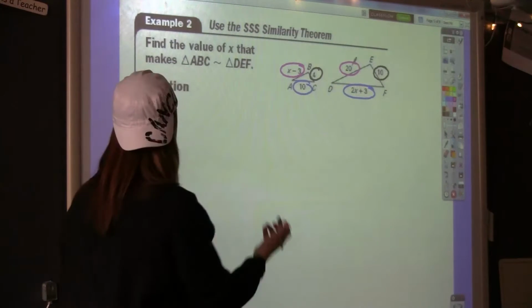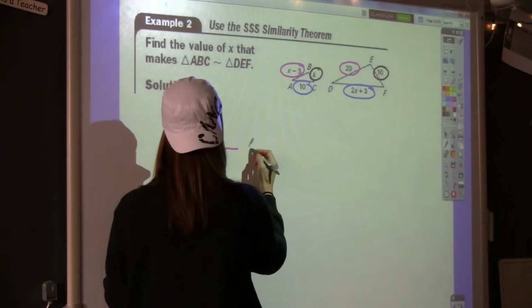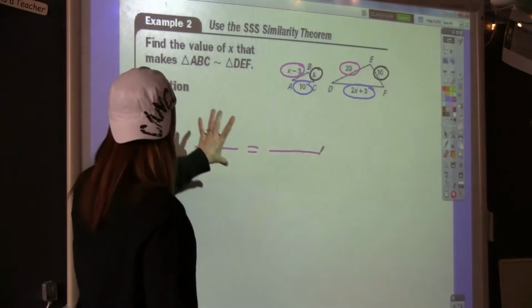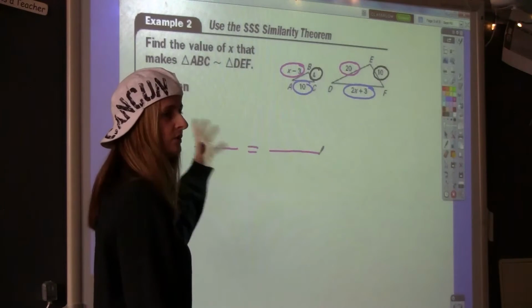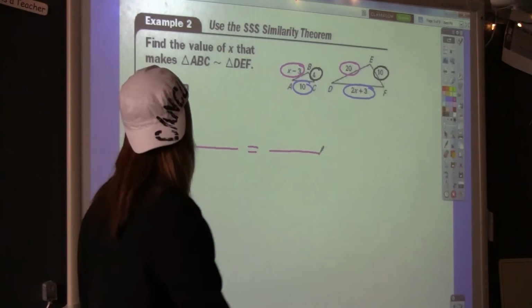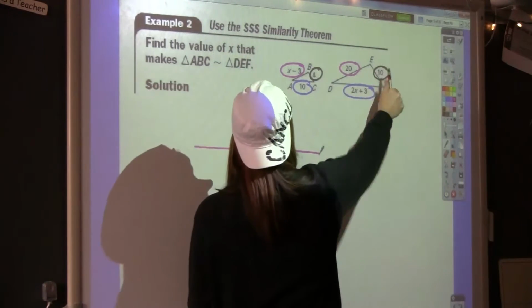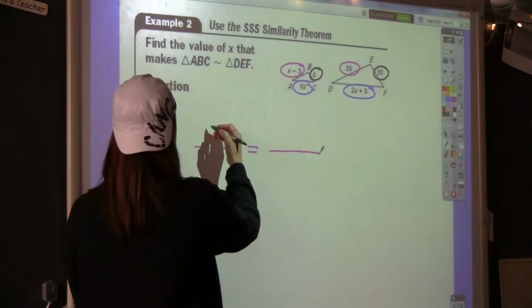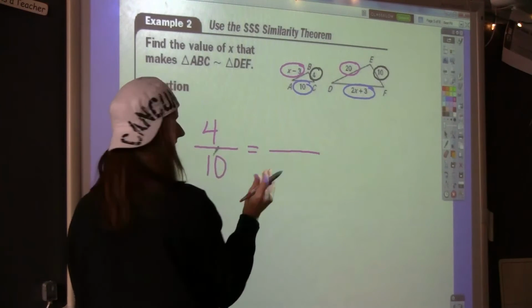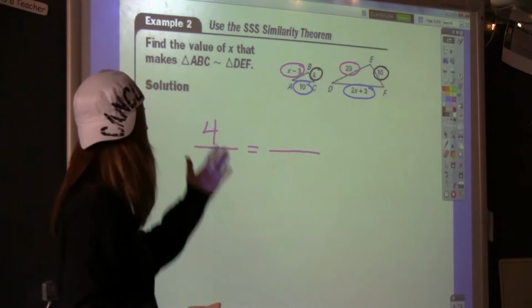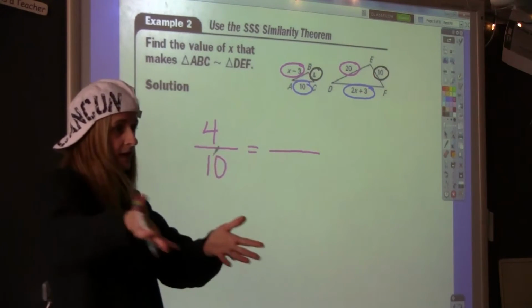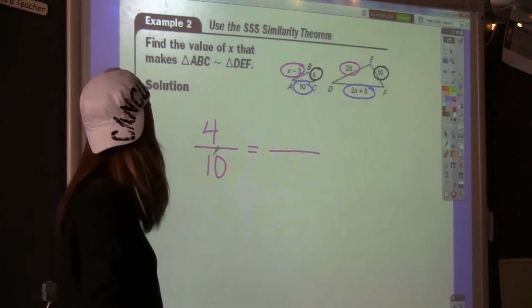When we write a proportion, we only need 2 sets. It'd be nice if we just had 1 unknown and 3 numbers. How about we use that 4 and 10 for one side of the proportion? There are different ways to write proportions, so I just chose those numbers. I put the 4 over the 10. You could have put the 10 over the 4. That's just what I chose.